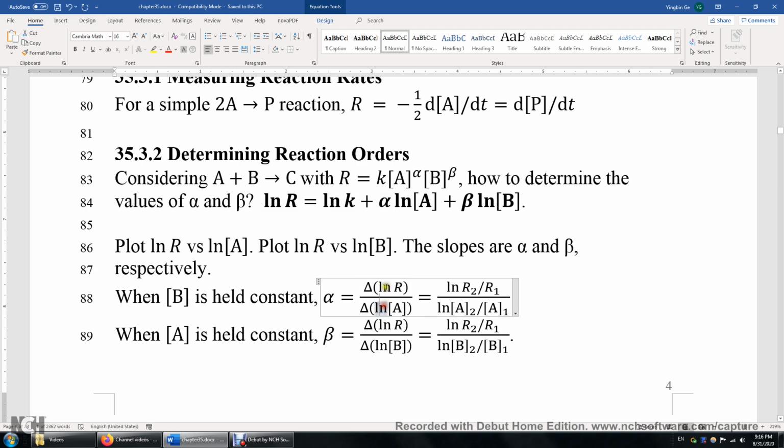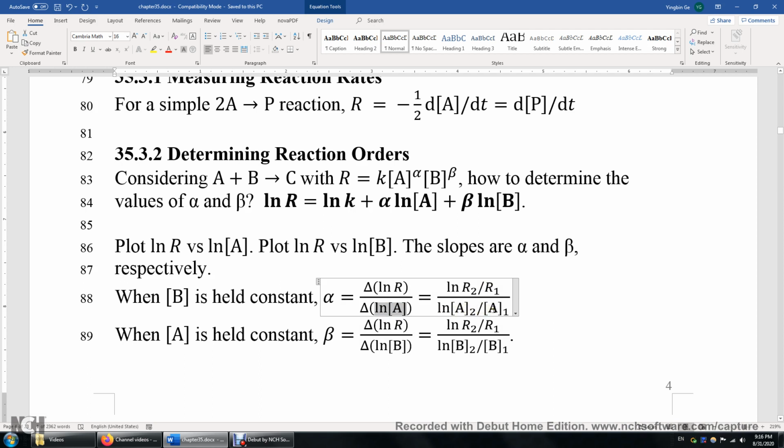And when you do that, over here, this is ln r2 minus ln r1, right? And then it's simply ln r2 divided by r1. Over here, this is ln a2 minus ln a1, which is equal to the logarithm of the ratio between these two concentrations.